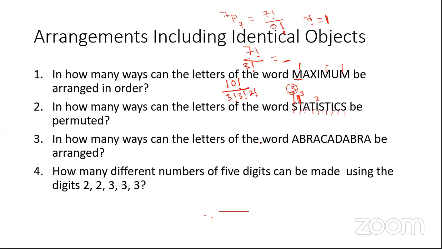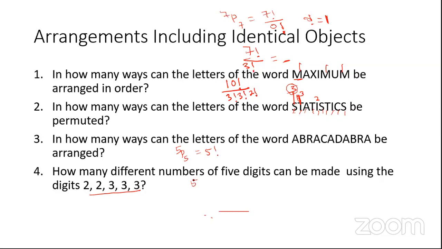Abracadabra: in how many ways can you arrange the letters of the word? In how many different numbers of 5 digits can be made using the digits 2, 2, 3, 5, 3? You can see that some of these are repeated. How many digits do we have? 1, 2, 3, 4, 5. That's 5 permutation 5, which is 5 factorial.